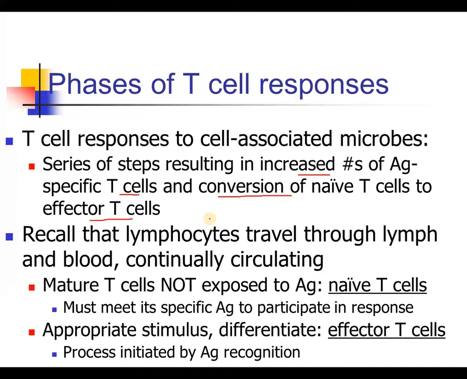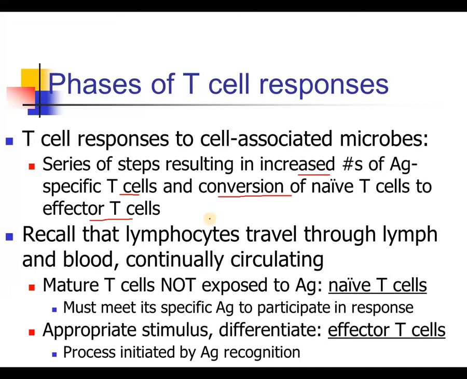And you need to think about how the T cells that are in circulation travel through the blood and the lymph. They continually circulate. They are mature, but if they're not exposed to their antigen, they're considered naive T cells. So they have to meet their antigen with MHC to participate in any sort of response.